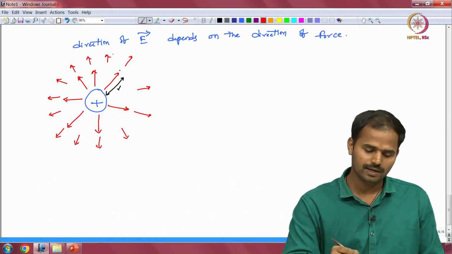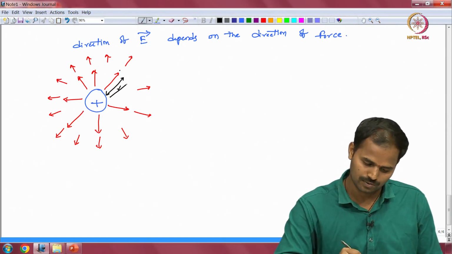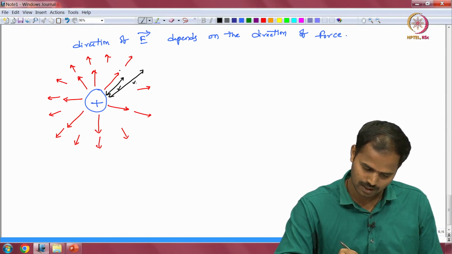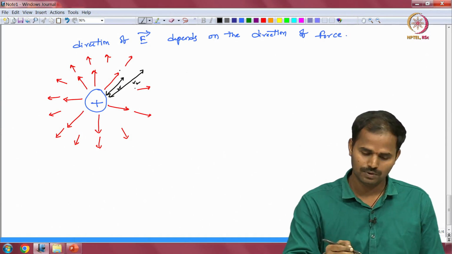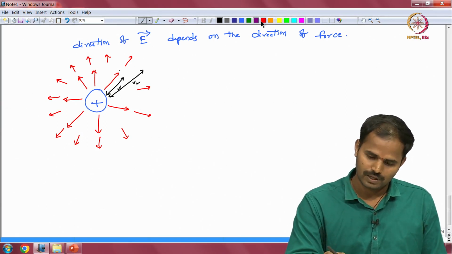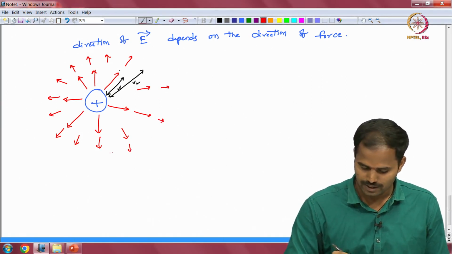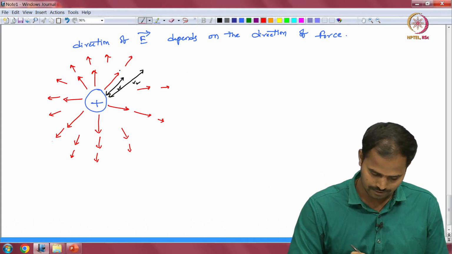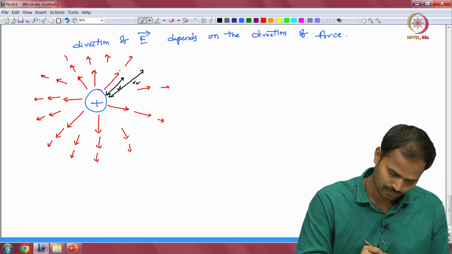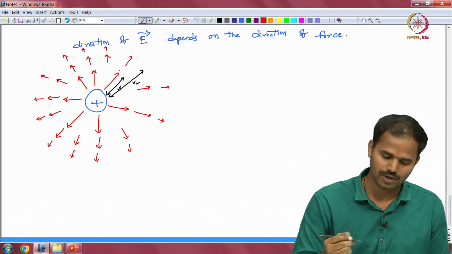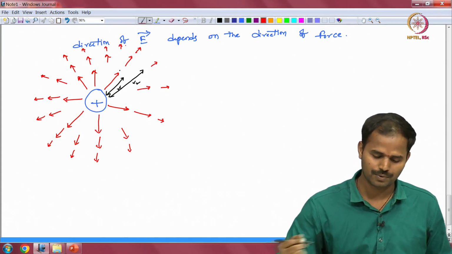Similarly, if we see the force after this distance r2, and earlier one I consider r1, this is r2, then the force will come down further. Like this we can see the electric force with respect to the positive charge. The vector length represents the magnitude also.